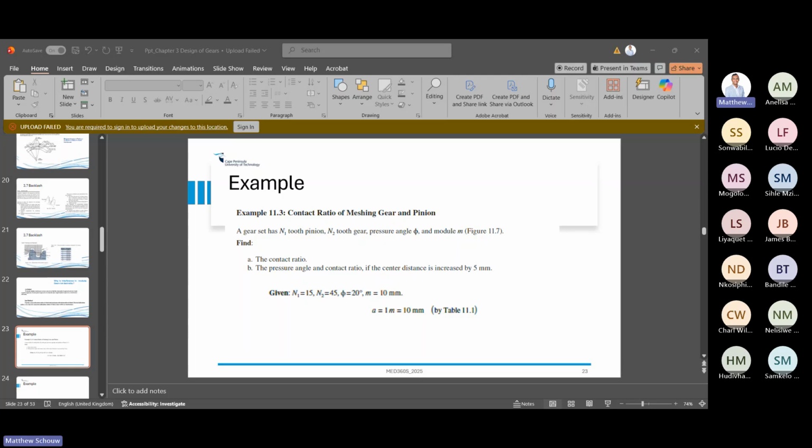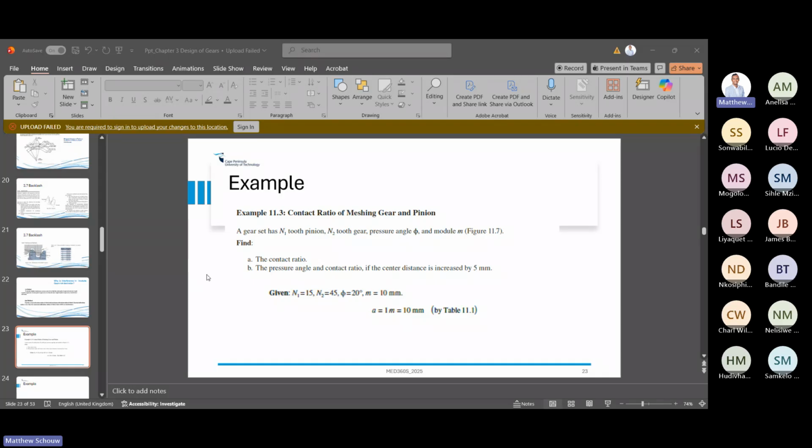They're using figure 11.7, I think that's a standard gear. They're giving you the number of teeth, the pressure angle, which is important, and the module. And luckily, we needed our addendum as well, which is 1 times the module, as per the table we did last week, which is this one over here.